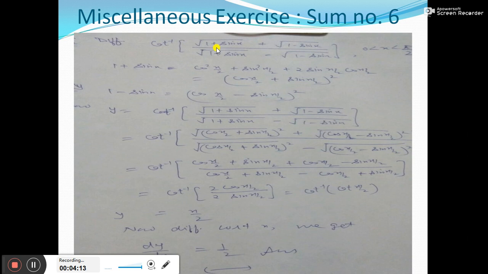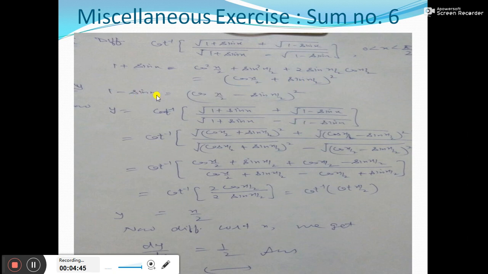Here we have to simplify 1 plus sin x. 1 plus sin x is equal to, we convert 1 into cos square x by 2 plus sin square x by 2, and sin x is 2 sin x by 2 into cos x by 2. These are the half angle formulas. Therefore, using a square plus b square plus 2ab, it becomes cos x by 2 plus sin x by 2 whole square.